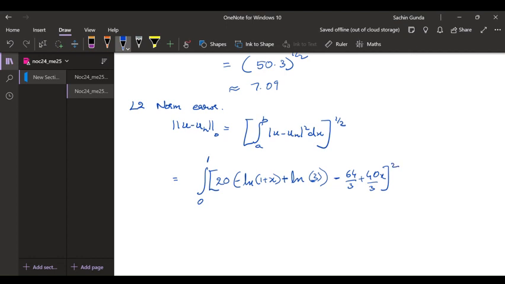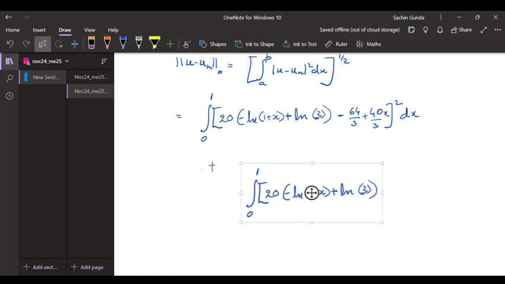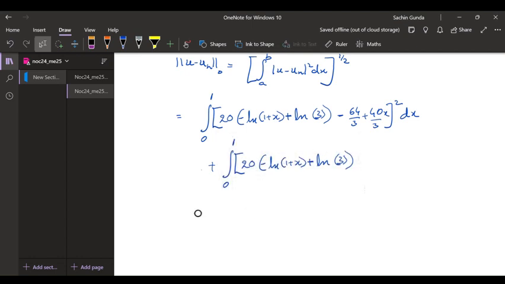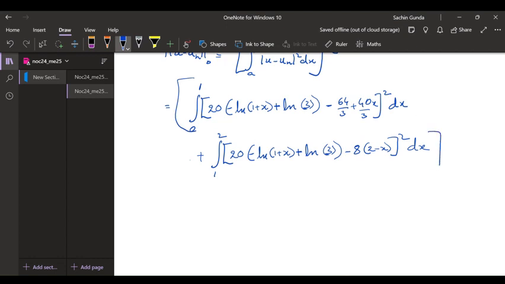This is between 0 and 1 dx, and from 1 to 2 the analytical expression doesn't change, it's the same, but the FEM solution is 8 times 2 minus x, and whole to the power of 1 by 2.